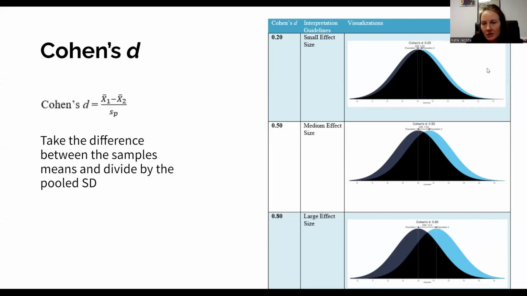If you look at the visualization, you can see that if we were to plot both of the distributions for each of our samples, most of it overlaps. As we get bigger and bigger effect sizes, there's not as much overlap between the two group distributions. Once you get to 0.50, it's considered a medium effect size. And once you get to 0.80, it becomes a large effect size.